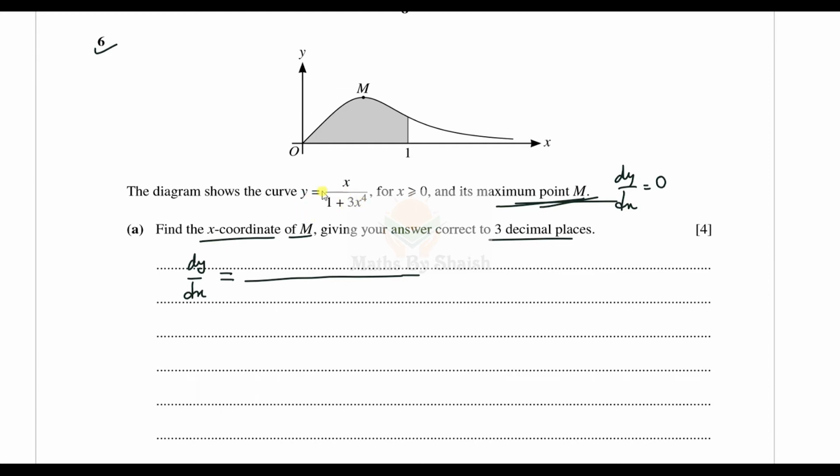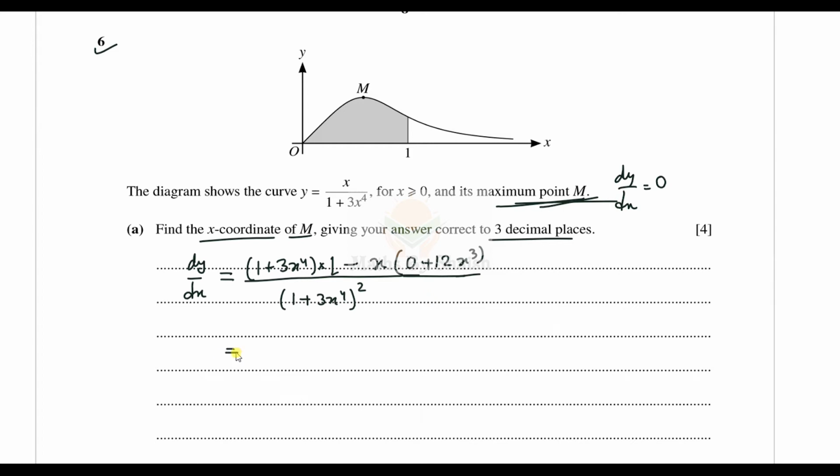Whenever you are doing the quotient rule, you start with the denominator and do the square of it, (1 plus 3x to the power 4) whole square, and write in the numerator the denominator as it is, 3x to the power 4, and do the differentiation of the numerator, that is 1, minus write the numerator as it is and do the differentiation of the denominator, that is 0 plus 3 into 4 is 12x to the power 3, and that is dy over dx.